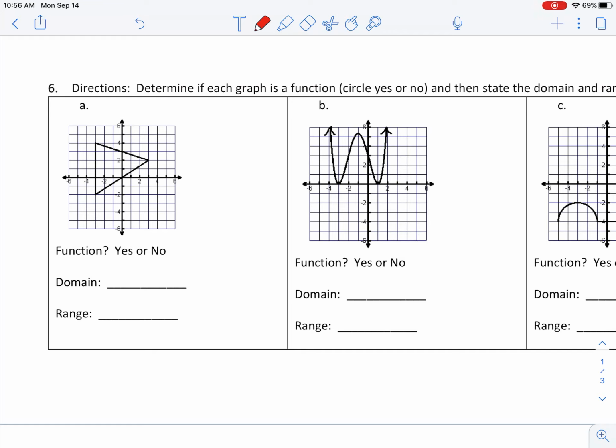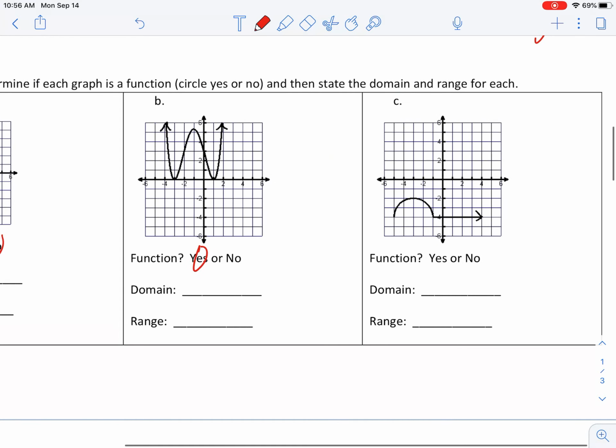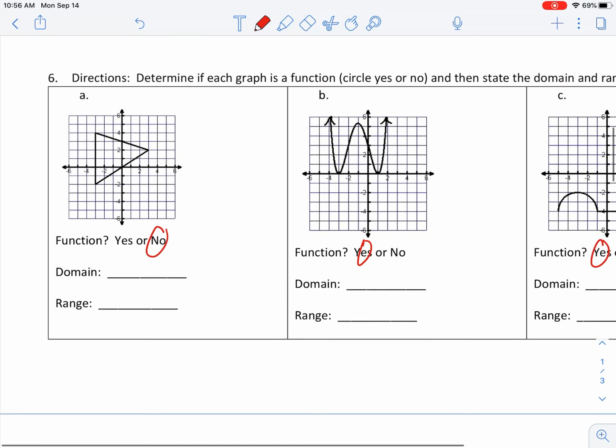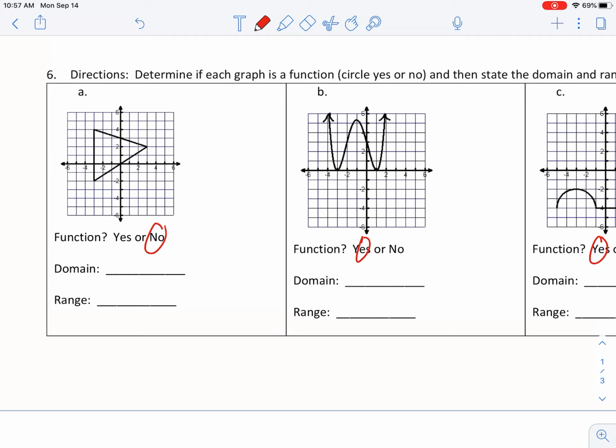Number 6, if it's a function or not. So quickly, let's go through and determine here, passes the vertical line test or not. This is a no. This is a yes. This is a yes. Now to write the domain and the range. The domain here, one more time, focuses on the x's. The range focuses on the y's.